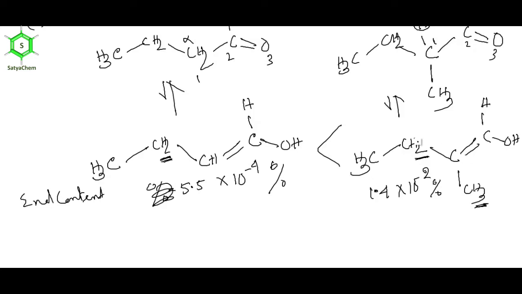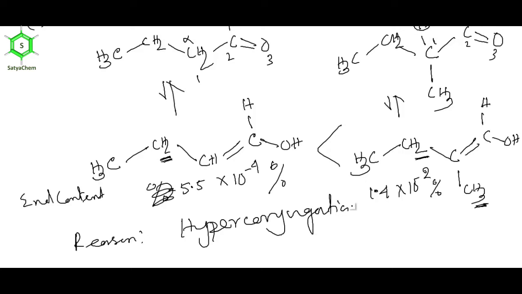Clear? So the reason is hyperconjugation. Clear? So hyperconjugation stabilizes the C double bond C in the enol form.